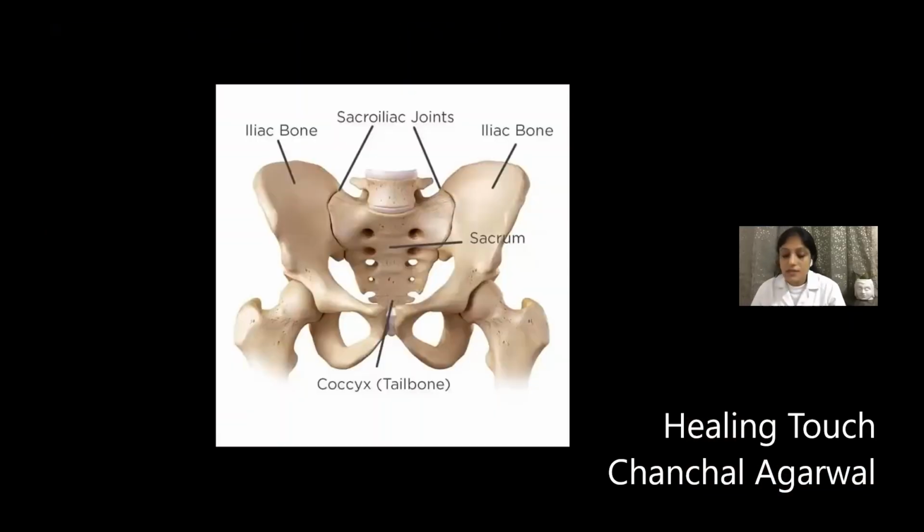I show you one picture which shows very clearly sacroiliac joint. Just a minute. Yes. So this is your pelvic girdle. This is your pelvic girdle, है ना? This is the lowermost part of the spine, which is called sacrum.